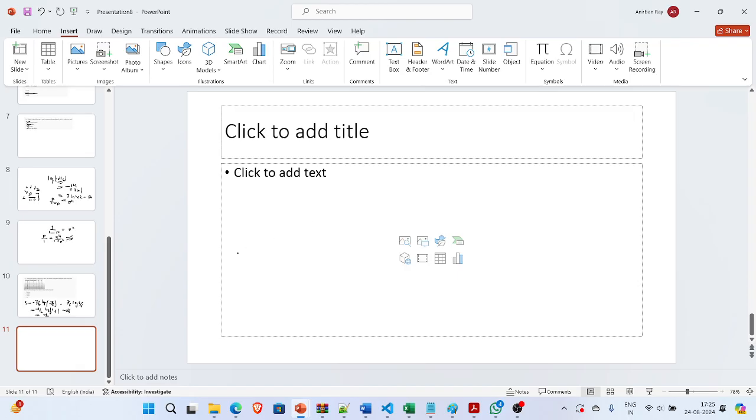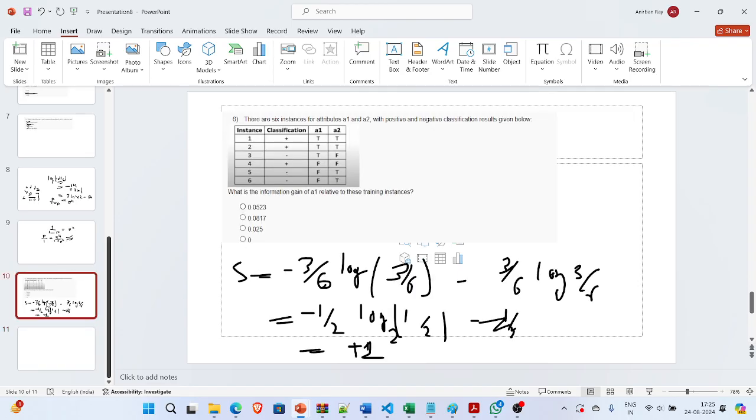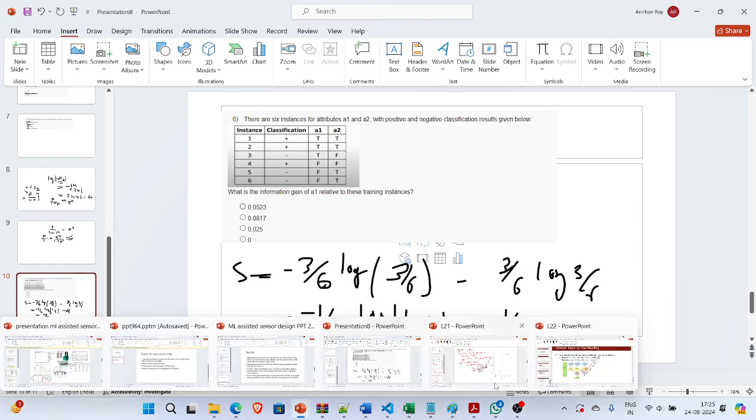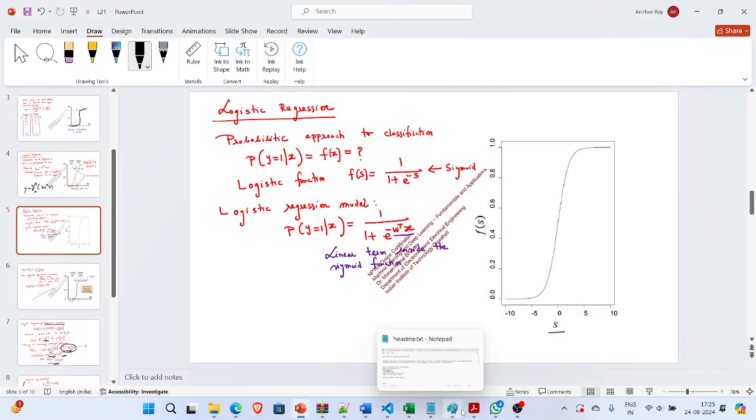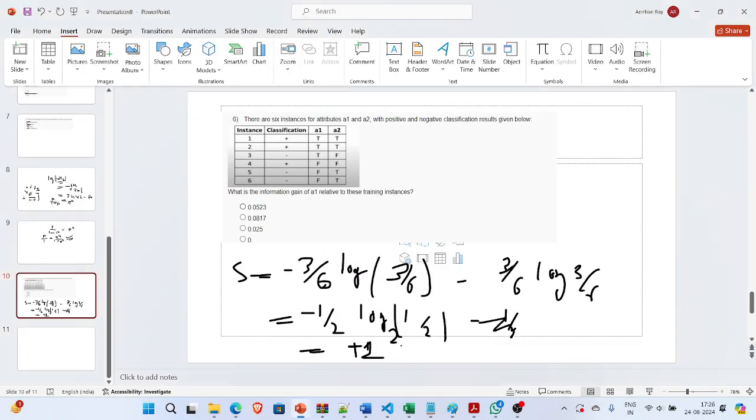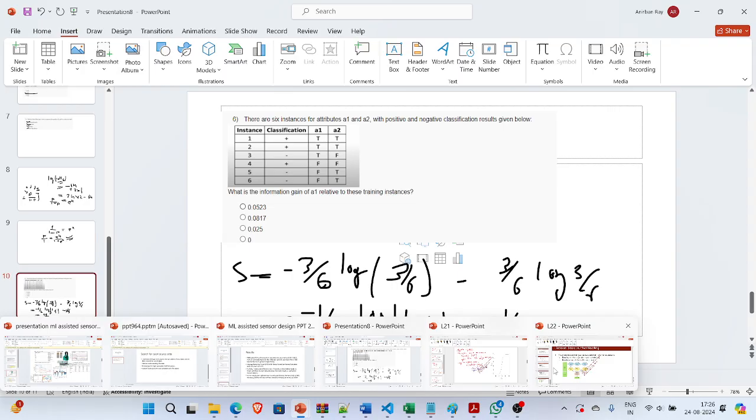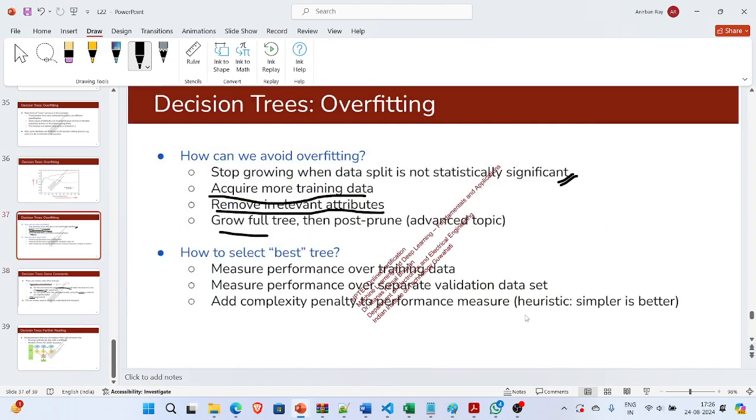So next we need to find the entropy with respect to... So if we see the examples, see our previous example, we'll compare with that to help understand better.